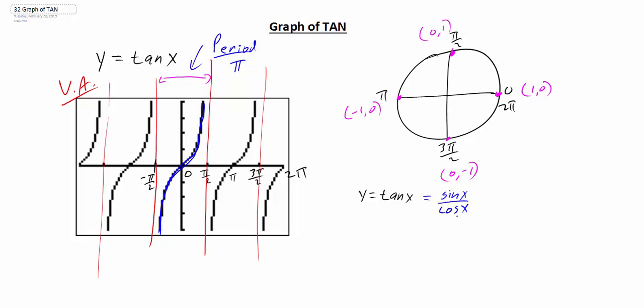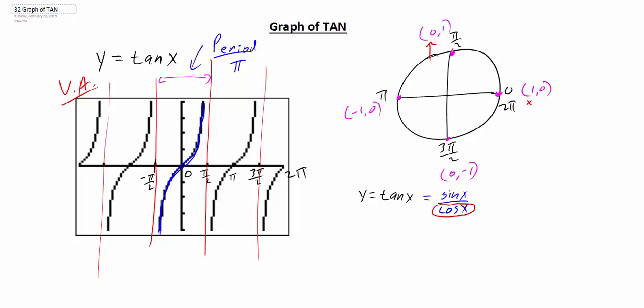So what we have to be aware of is, where is the cosine 0? Well, cosine is our x value. So if we look around here at our x coordinates, here we have a 1. Up here at pi over 2, notice our x value is 0.